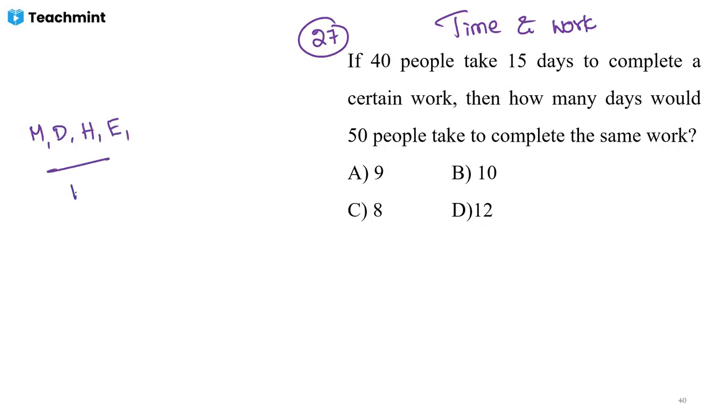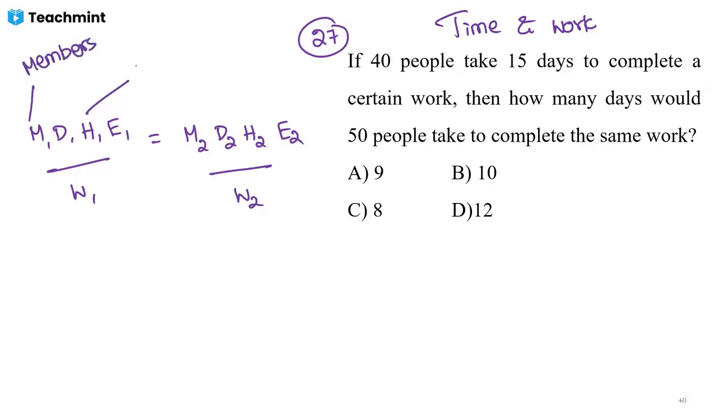If you go through that practice paper 1, we gave a question where all these factors are involved. H is hours per day, my dear friend. M is how many members. How many members, how many days, how many hours per day, how much efficiency, what is the work they did. E is efficiency.